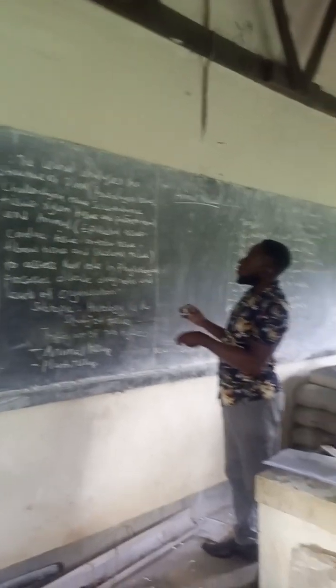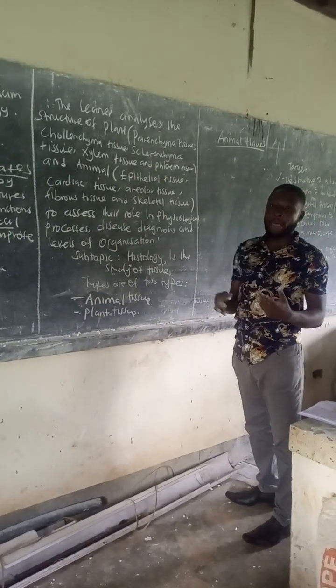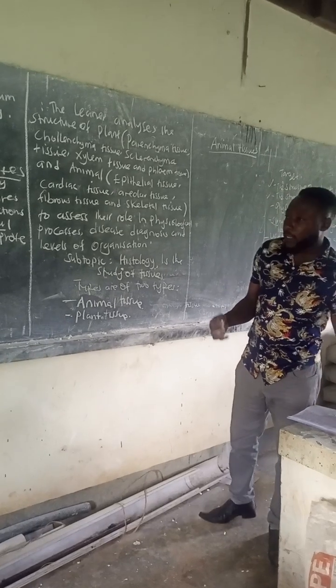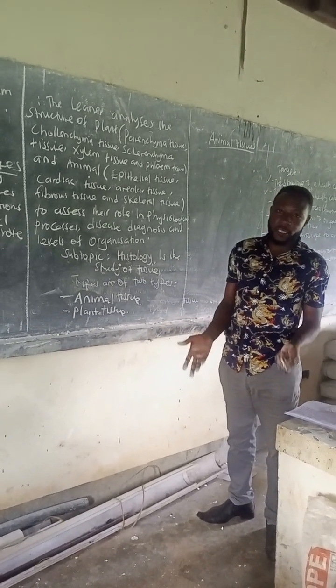So for today, we are studying animal tissue. Now, when you are teaching animal tissue, and as a learner, when you are revising animal tissue, what are you going to cover in this content?